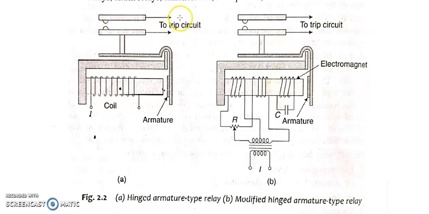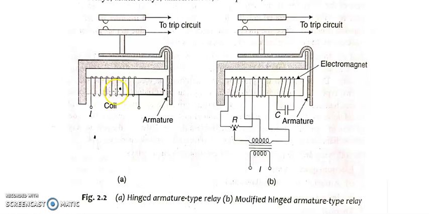The circuit breaker is not shown, but there might be one after this circuit. Since we are concentrating only on the armature type relay, we are not showing any circuit breaker here. Hope you understood this. I energize this coil by current or voltage depending upon the actuating or operating quantity.